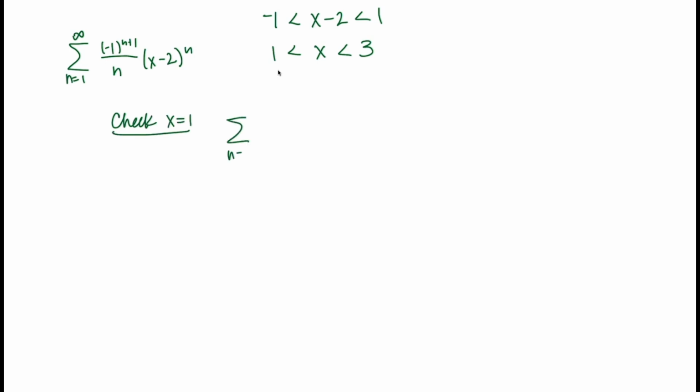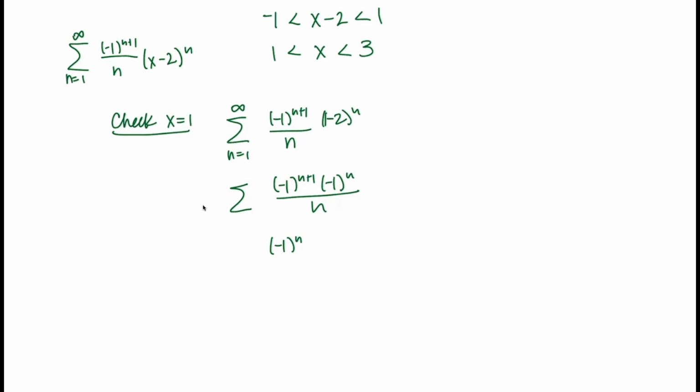So we're going to have the sum of n equals 1 to infinity of (-1) to the n plus 1 over n. And then if we let x equal 1, we have (1 minus 2) to the n. Well, 1 minus 2 is -1, to the n, so we're going to have (-1) to the n plus 1, (-1) to the n over n. All right, what's going on there? Well, let's rewrite (-1) to the n plus 1 as (-1) to the n, and then -1, and then (-1) to the n, all over n.